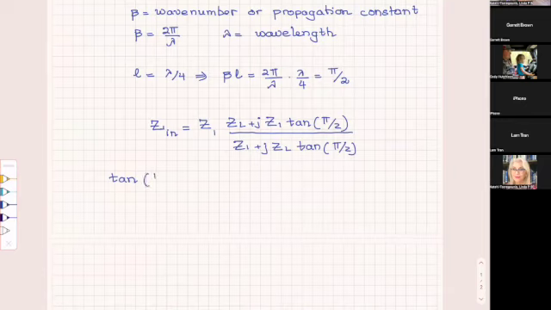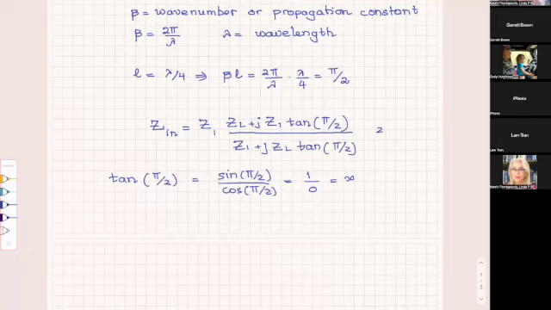Do you remember? Tangent pi over 2 is sine pi over 2 over cosine pi over 2. Sine pi over 2 is 1, cosine pi over 2 is 0. So it's infinity.